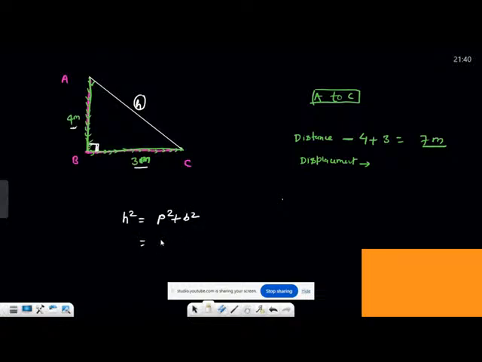Perpendicular, that is 4 squared, plus base, that is 3 squared, equal to hypotenuse square. It gives root under 16 plus 9, equal to root 25. The length of AC is 5 meter.